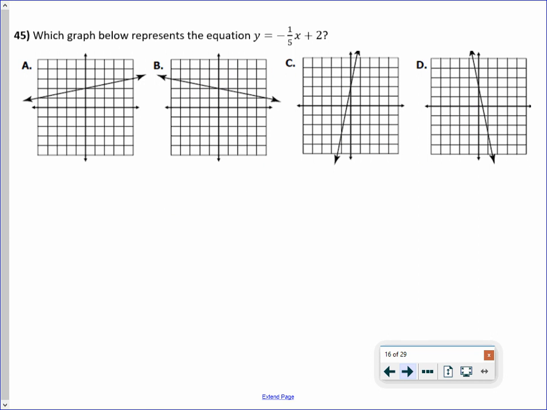So this one is already solved for y. So I know I have a negative slope. So right away, this one and this one are out. Now I know my y-intercept is 2, and that's the same in both of them. But which one of these goes rise over run, 1 and 5? So the answer is B.